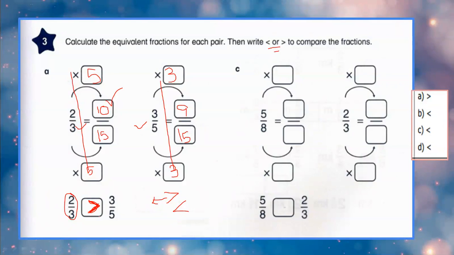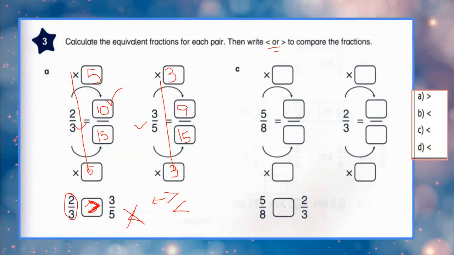It's too hungry. Which one is greater? 2 upon 3, so it moves towards 2 upon 3. If 3 upon 5 were greater, it would move there. So the crocodile mouth always moves towards the greater fraction or the greater number. That's why it's called the greater than symbol.